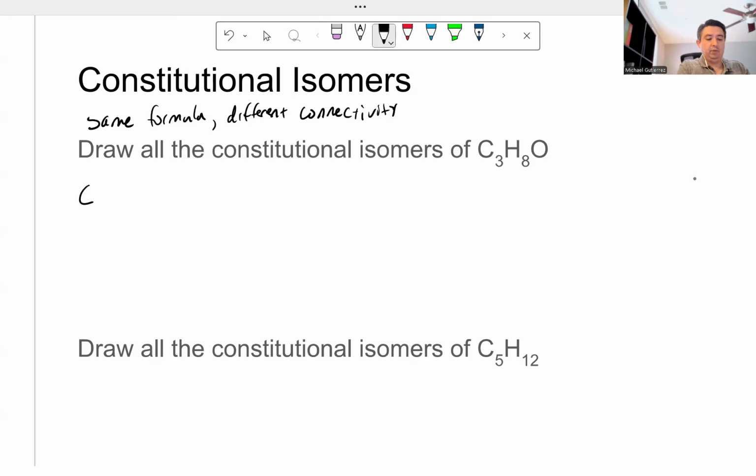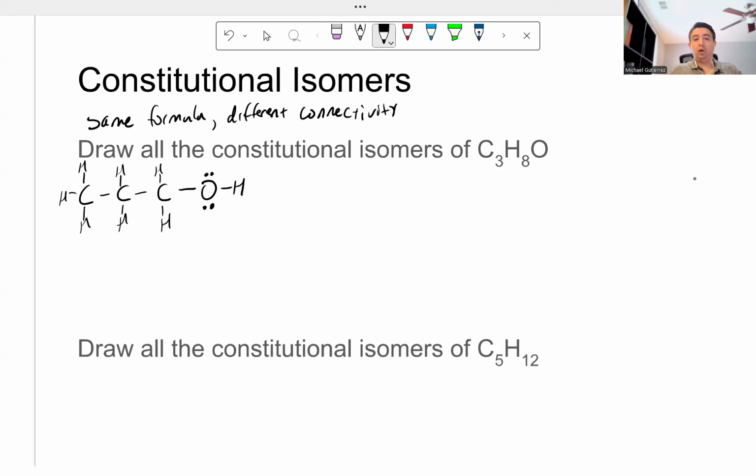Let's put all the carbons in a row and then oxygen on the end. I'm going to fill in the spots, and let's just see if it works. If I put hydrogens on all the carbons, you'll notice there's 7 right now. So I'm going to put the last one on the oxygen.